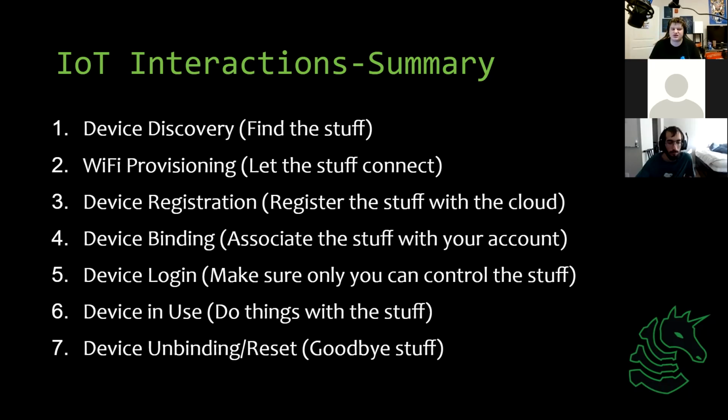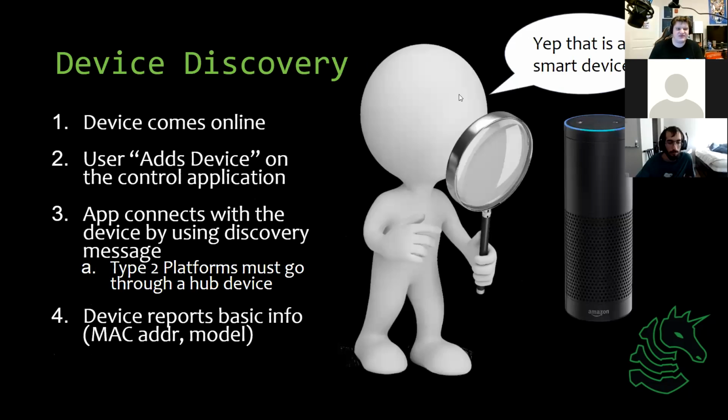You're going to register it with the cloud, associate it with your specific account, and then log in to make sure only you can control that stuff. And then it's in use, which is you're doing things with the IoT devices. And then you're going to do an unbinding or reset command, which removes it from your account, which is goodbye stuff.